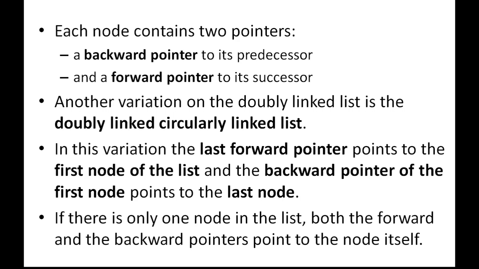If you go to the last node and continue to traverse using the forward pointer, you will directly come to the first node. You don't need to do any reverse traversal to reach the first node. Similarly, for a reverse traversal, from the first node you can directly go to the last node. That is the only difference between the doubly linked list and the circularly linked list.